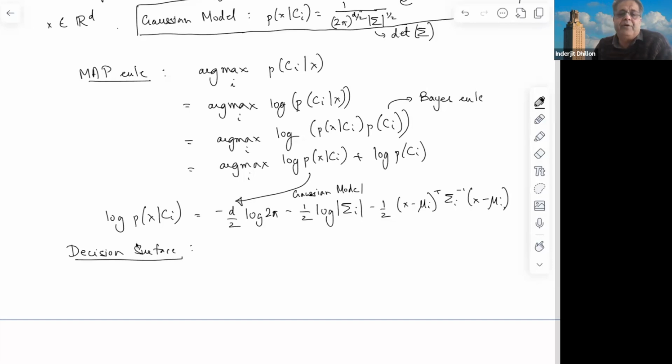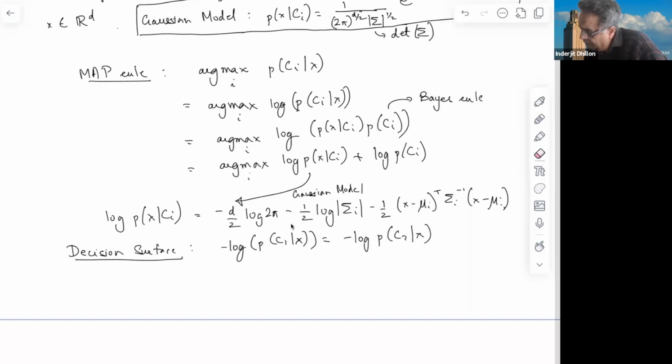And there are lots of minus signs over here, right? So I can take the minus log of P of C1 given x is equal to minus log of P of C2 given x. Okay, maybe I'll move these outside brackets.